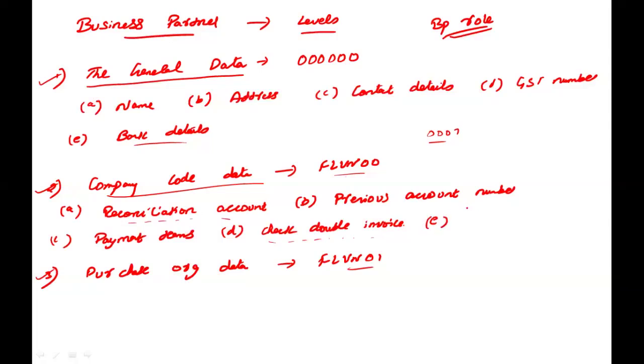Then we have payment method. Payment method is nothing but how are we going to pay the vendor? Through check, through cash, or through UPI, how you are going to pay. Even that should be defined in the system.